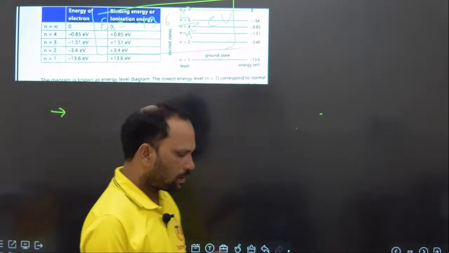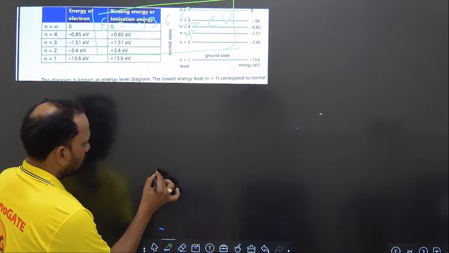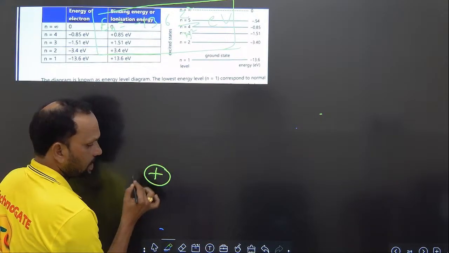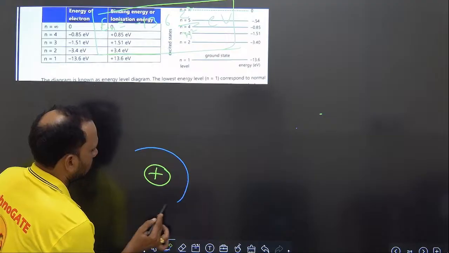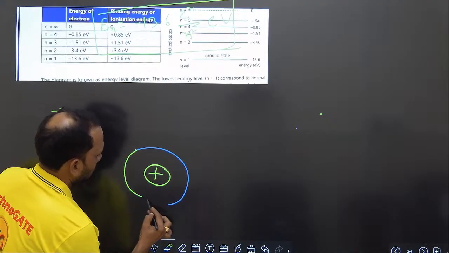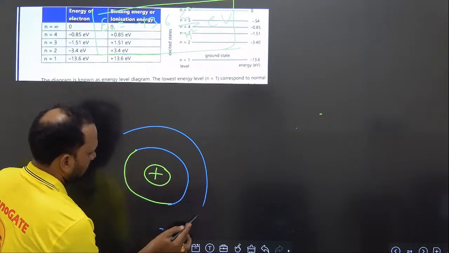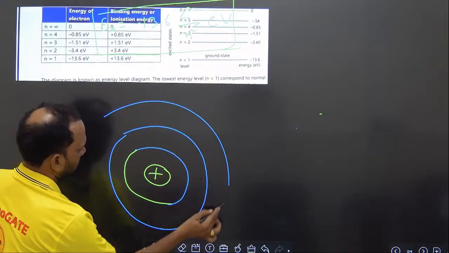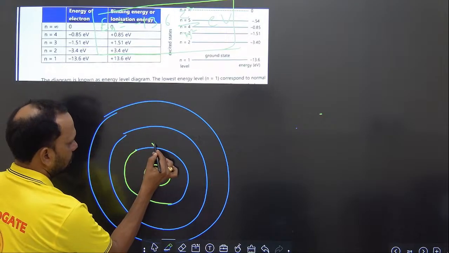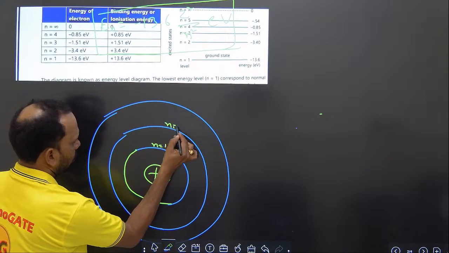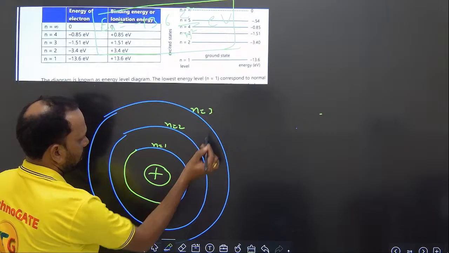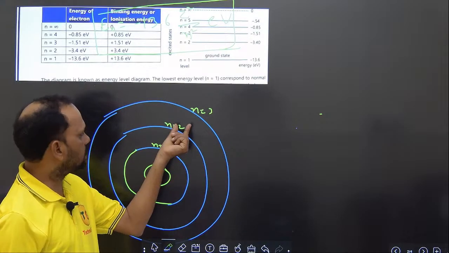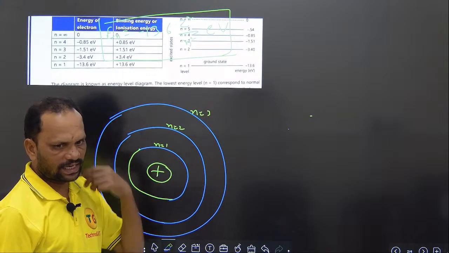Here we are discussing the nucleus. Around this nucleus, this is the first orbit, second orbit, third orbit. n equals 1, n equals 2, n equals 3. We can call them the ground state, first excited state, and second excited state.